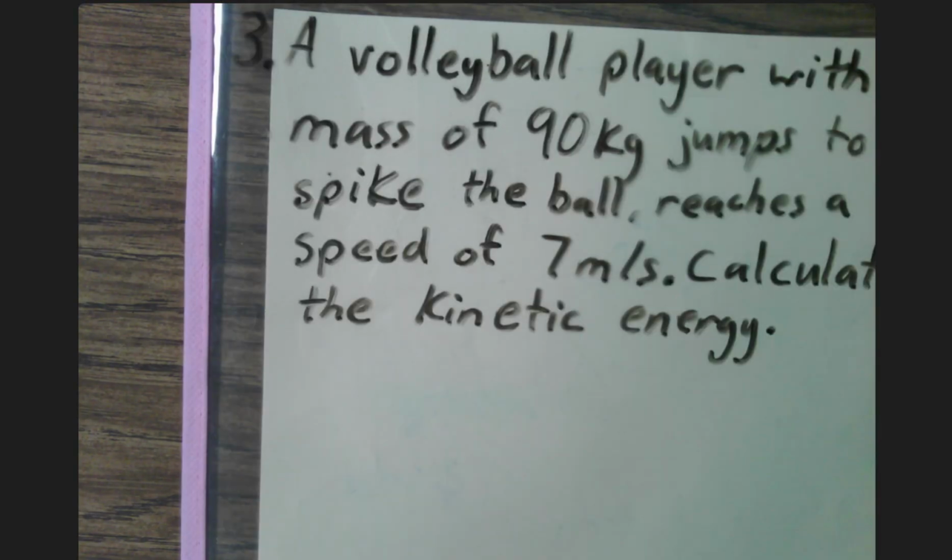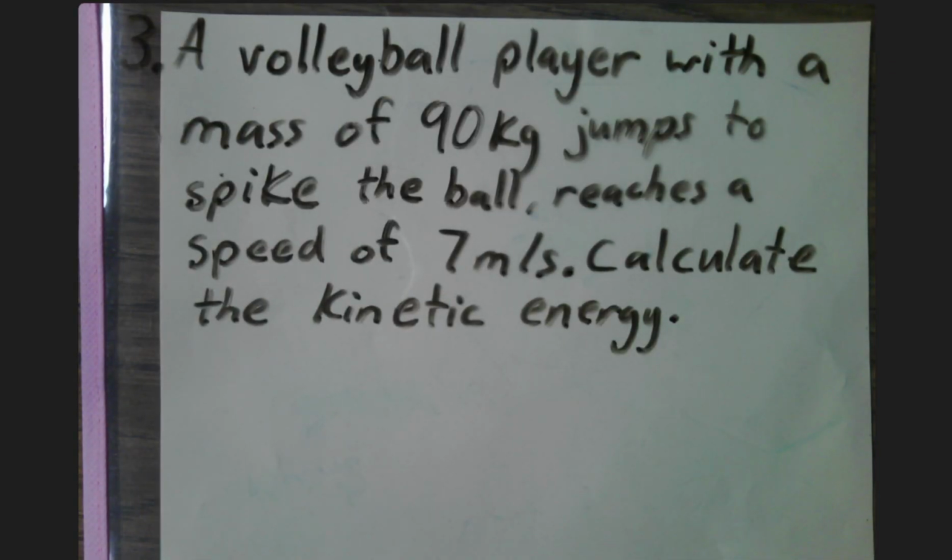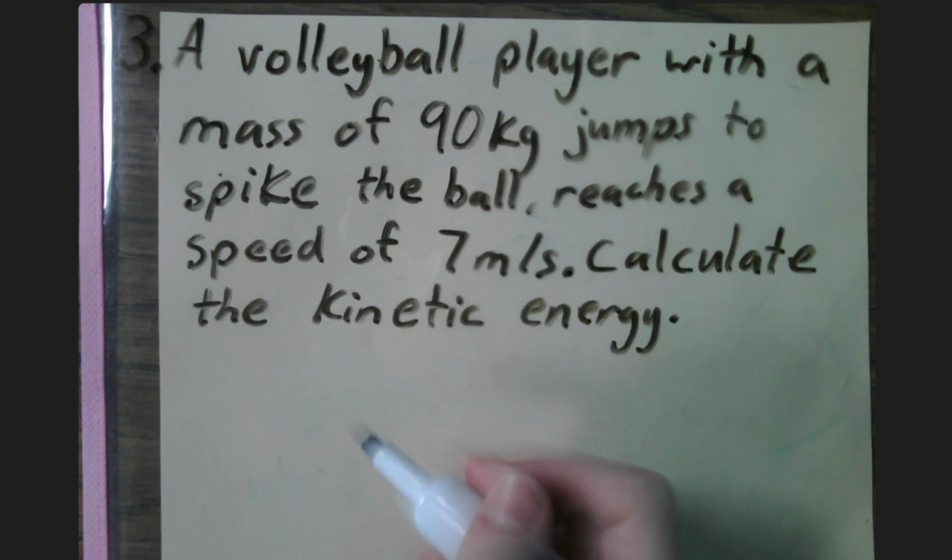Let's look at another problem. Let's look at one last one for kinetic energy. Okay. Number 3. A volleyball player with a mass of 90 kilograms jumps to spike the ball, reaches a speed of 7 meters per second. Calculate the kinetic energy. Well, let's start with our formula again.